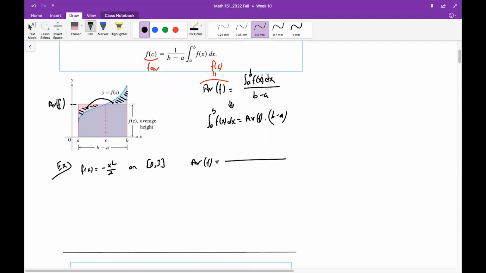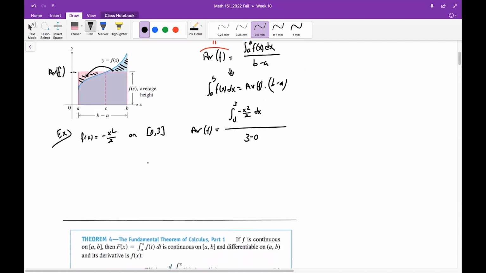So first of all, let's compute the average value of f. It is, from this formula, given by the definite integral from 0 to 3, these are the endpoints of the given closed interval, divided by the length of our interval. We know how to compute these definite integrals by using antiderivatives now. So what is the antiderivative of this function?